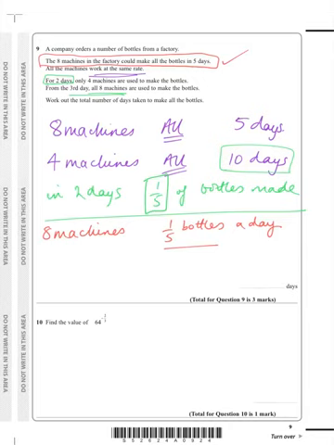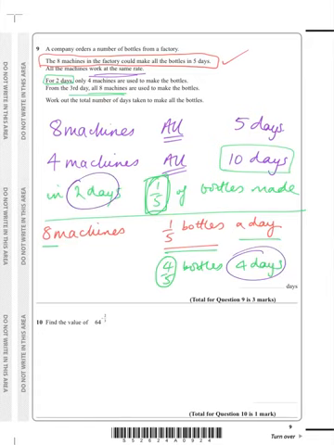So if we know that 8 machines do 1/5 of the bottles per day, then in 4 days they would make 4/5 of the bottles. Okay, that's quite important, because we now know that we've got 4/5 of the bottles and 1/5 of them, which makes all of them, and all we've got to do is count the days and we're done. So we've got 2 days here, 4 more, which makes a total of 6 days.